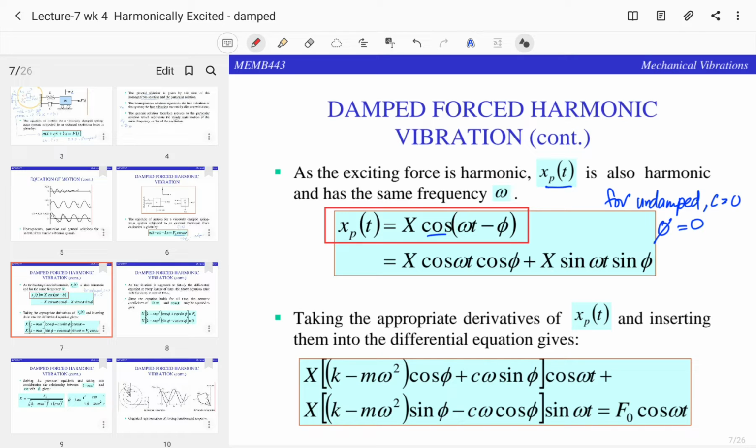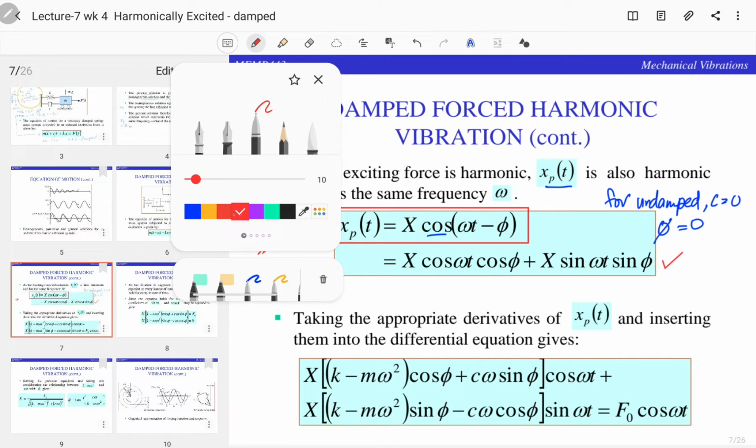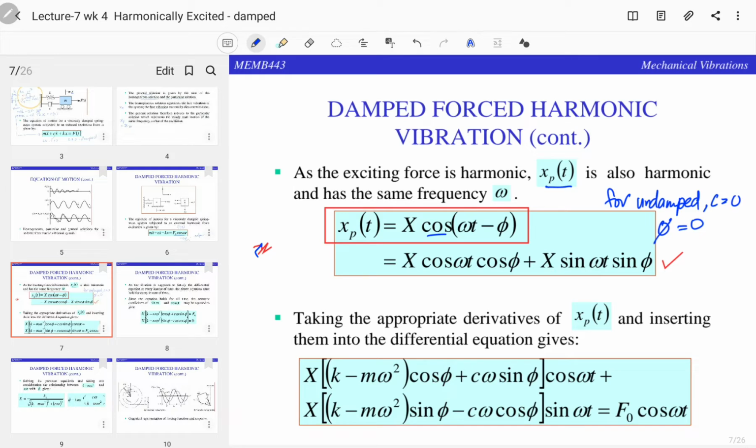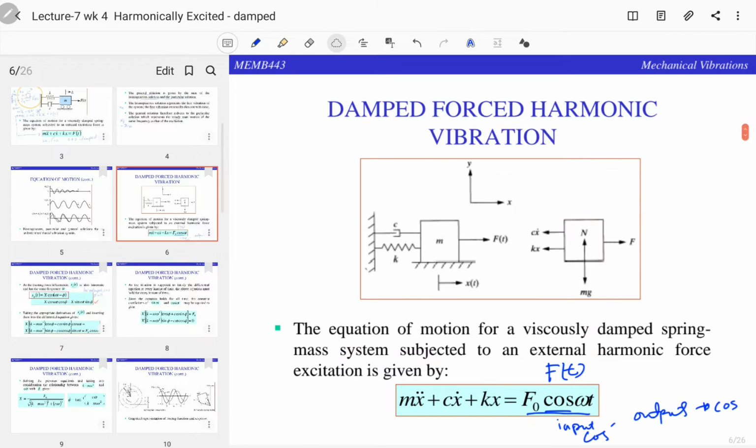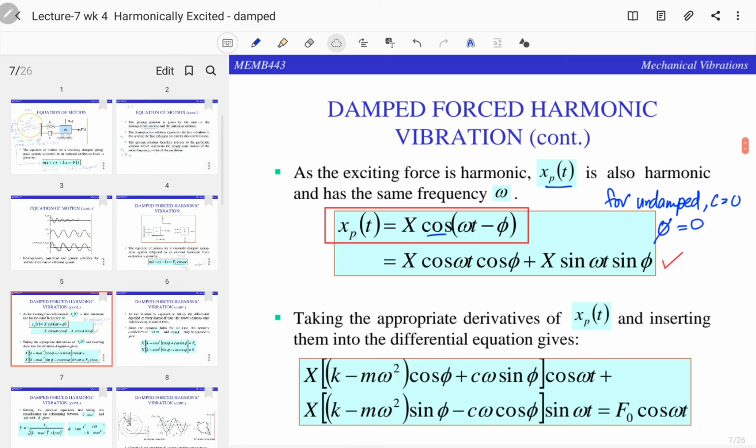If you use trigonometry, you can derive the relationship as such, because what we want to do is substitute your XP and X dot P, because you do have all the expressions. You do have this m x double dot, c x dot, and kx to be substituted.